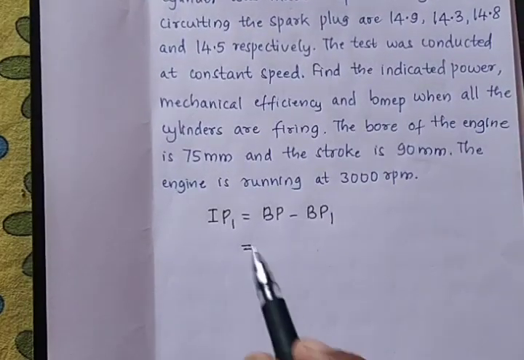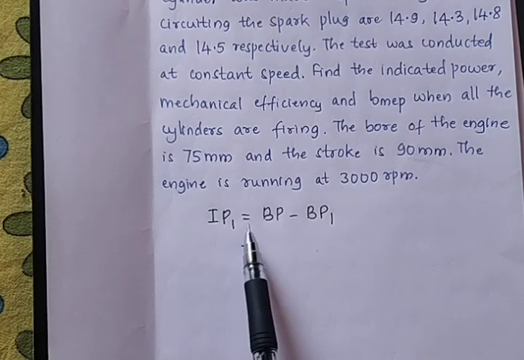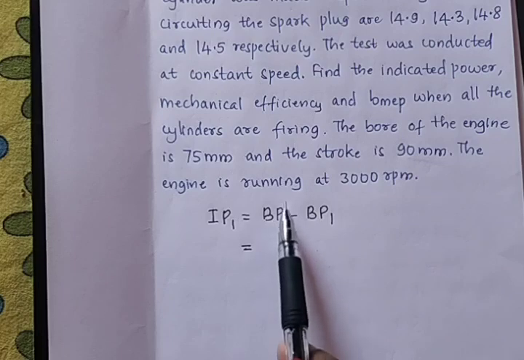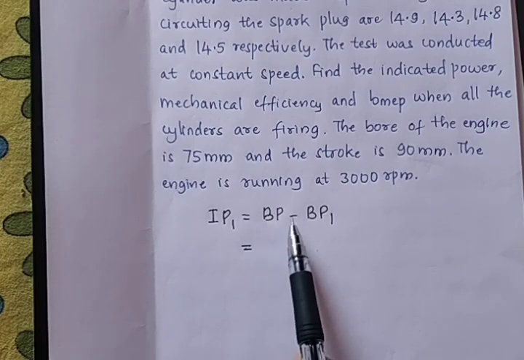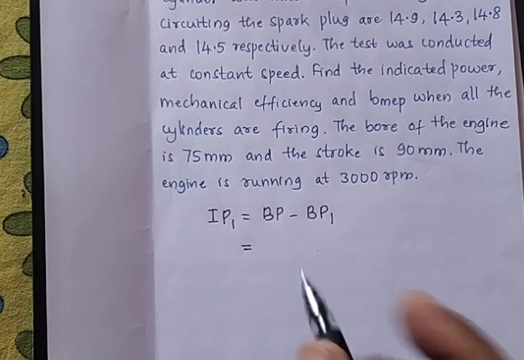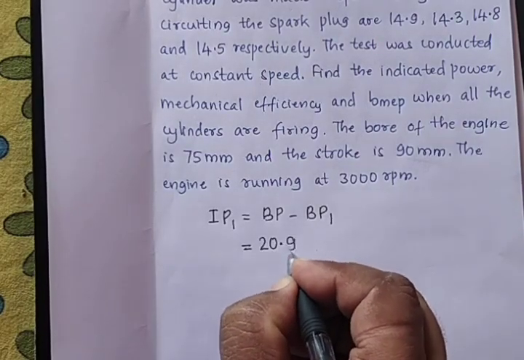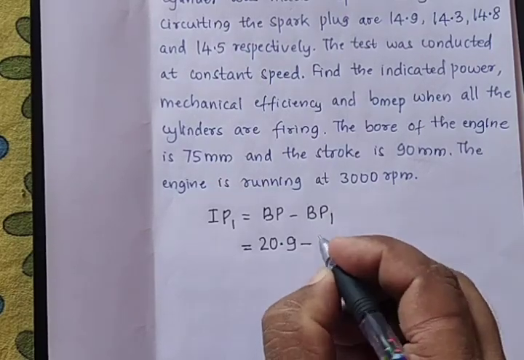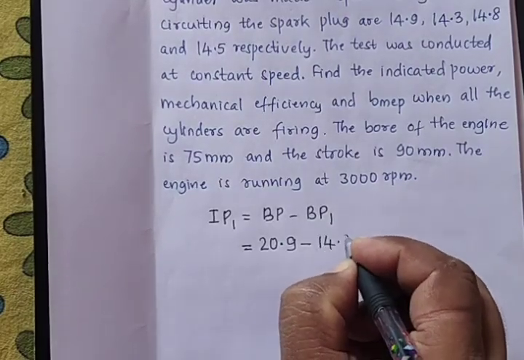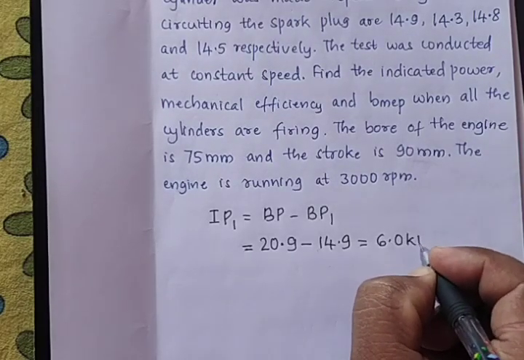I repeat, from Morse's test, IP1 will be equal to BP, that is brake power of all cylinders firing, minus the first cylinder cutoff. So when all cylinders are firing, the value given in the problem is 20.9 minus the first cylinder cutoff, 14.9. So you get the value to be equal to 6 kilowatt.